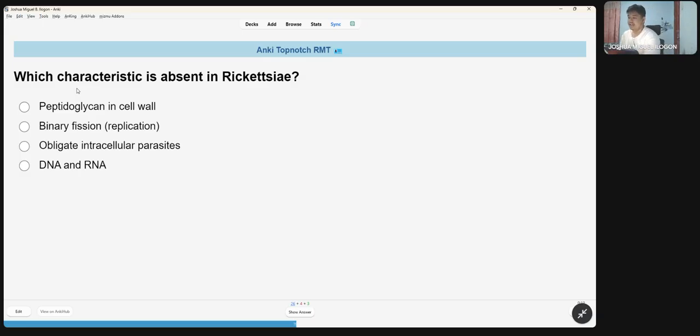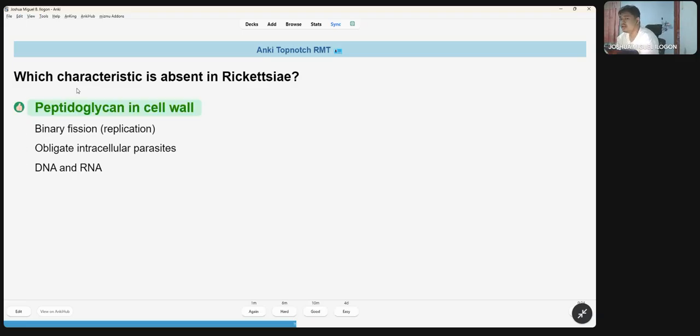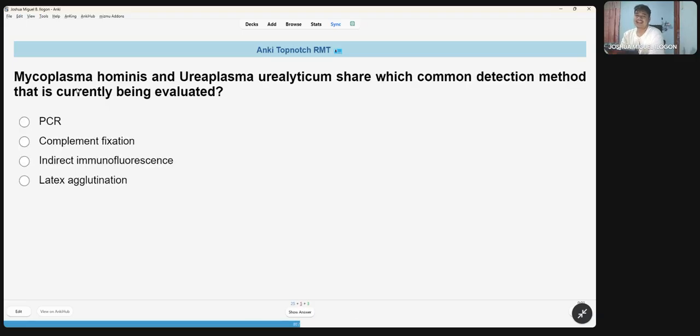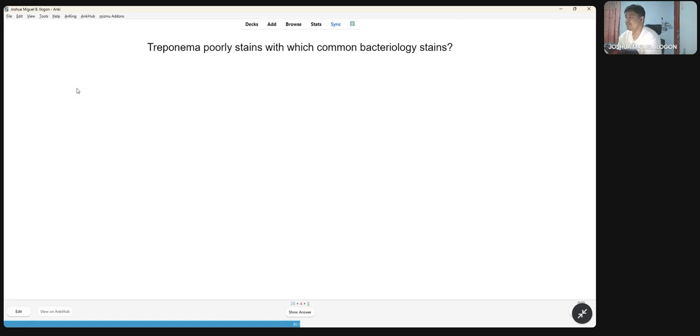2 hours of this hell. Oh, okay. DNA, right? It has to be DNA, right? Okay, I'm done, I guess. PCR. RNA is not used anymore.